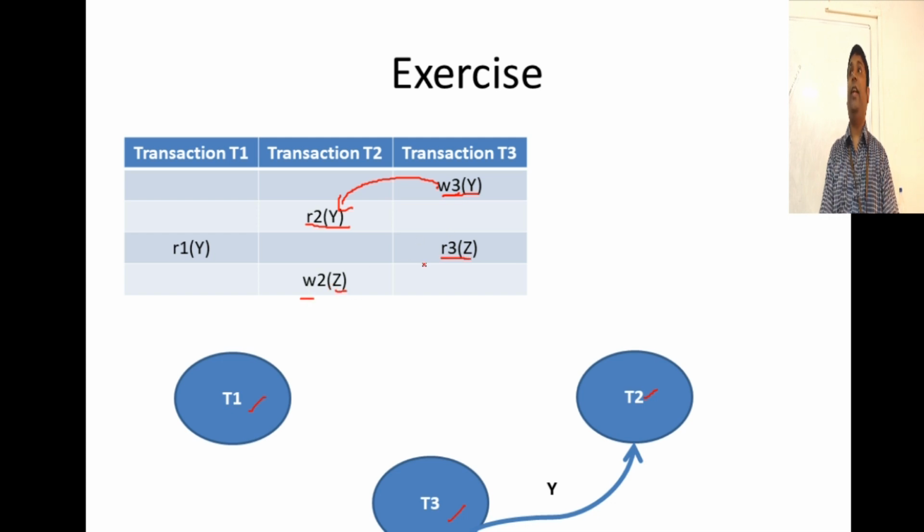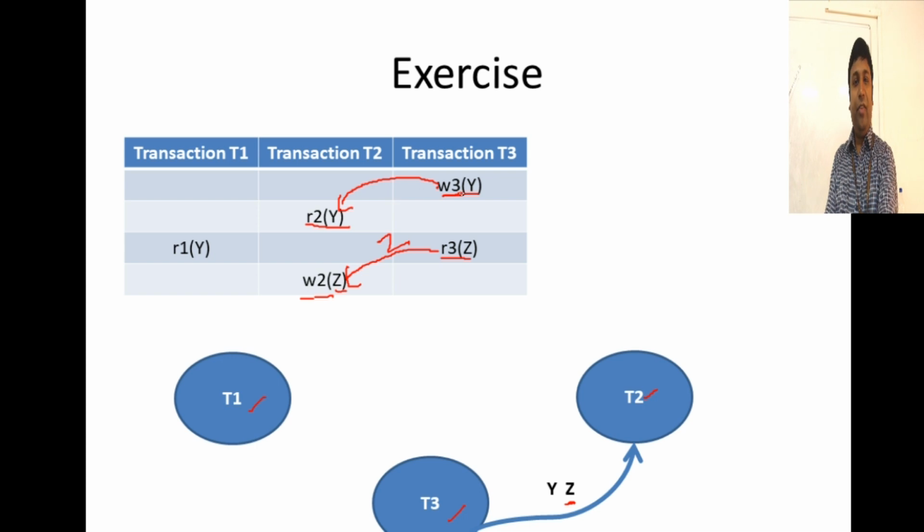So there is a conflict, read and write. And this is happening later on in time when compared to this. So there should be an edge from T3 to T2, and which item? Z. So actually it means you should have an edge here from here to here. Already you have an edge denoted. So what you can do is just denote Z also. So we are done with T3 and T2.